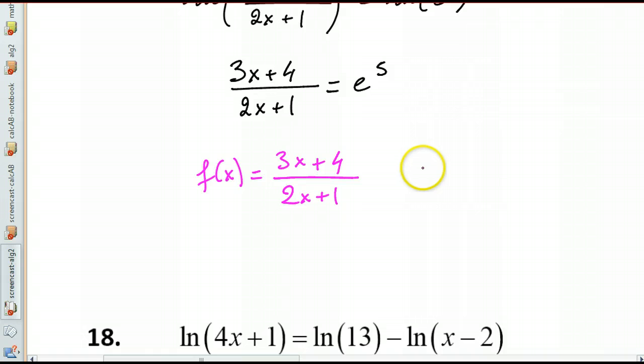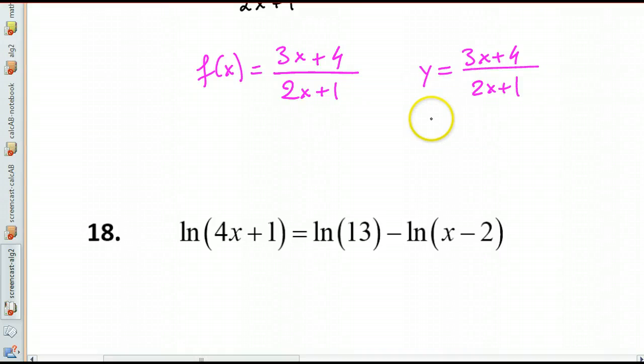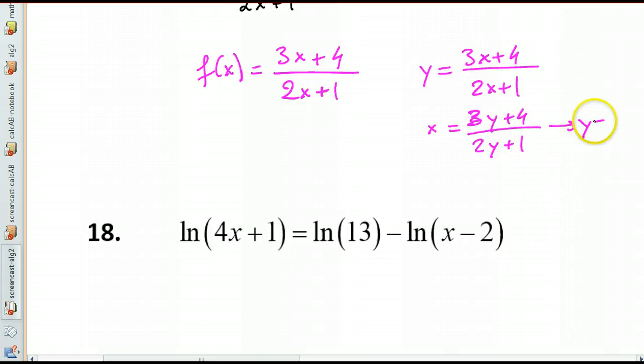So the first thing you did was you switched f of x to y, then you switched the x and y. So you called that x equals (3y plus 4) over (2y plus 1). And then right here, you tried to solve for y.